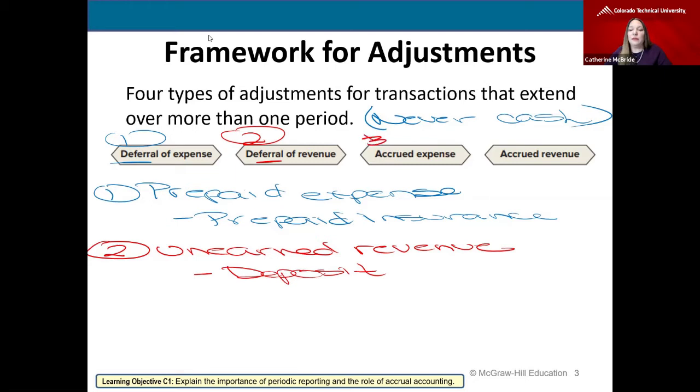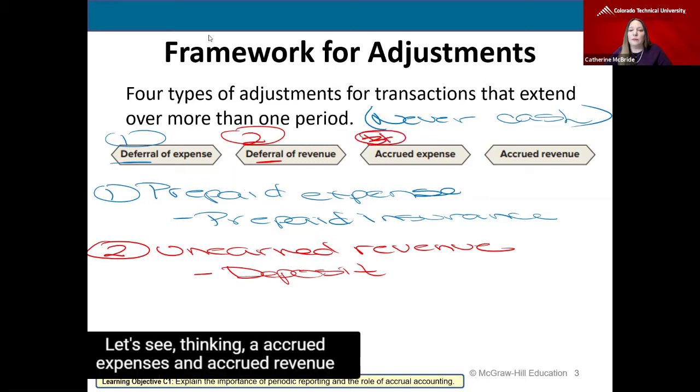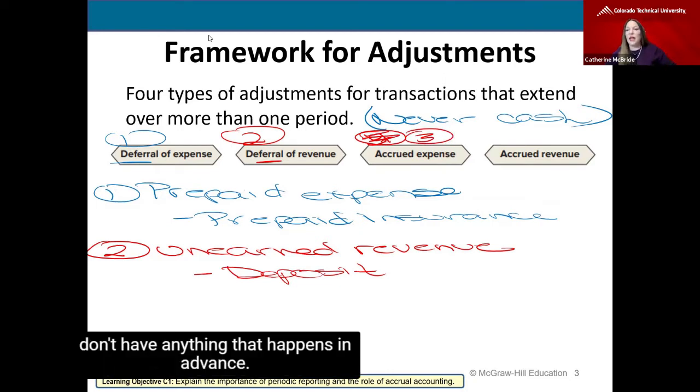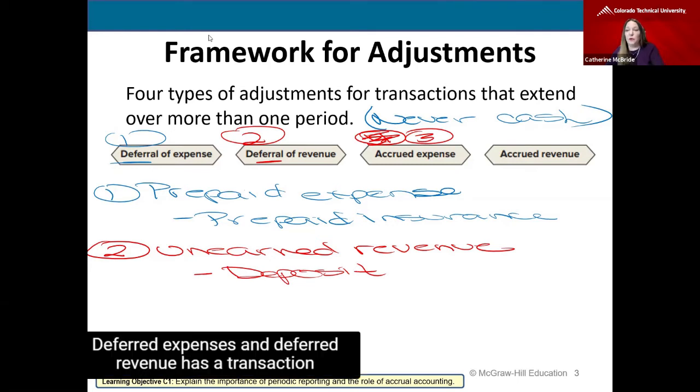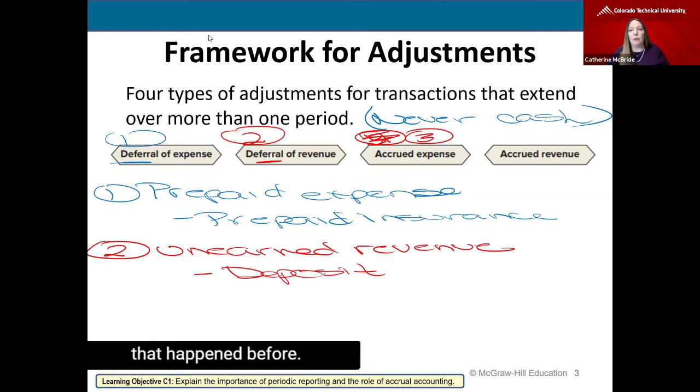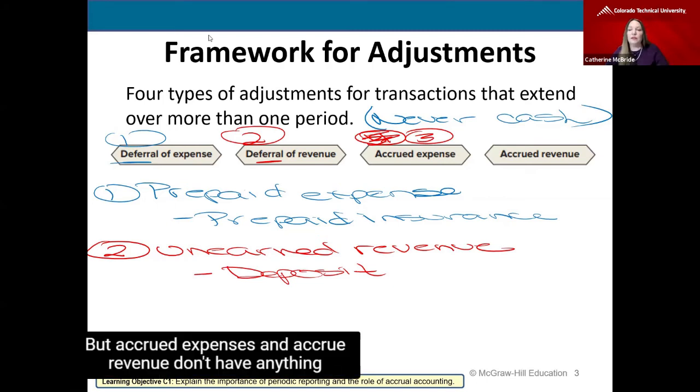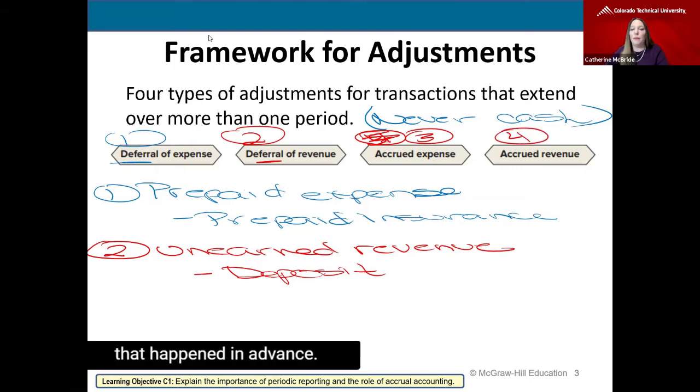Accrued expenses, see, thinking ahead, accrued expenses and accrued revenue don't have anything that happened in advance. Deferred expenses and deferred revenue have a transaction that happened before, but accrued expenses and accrued revenue don't have anything that happened in advance.